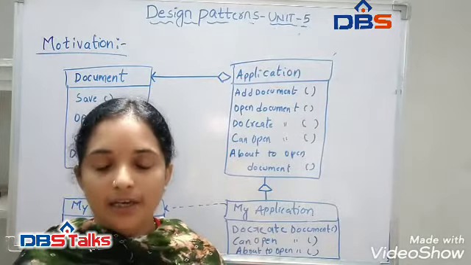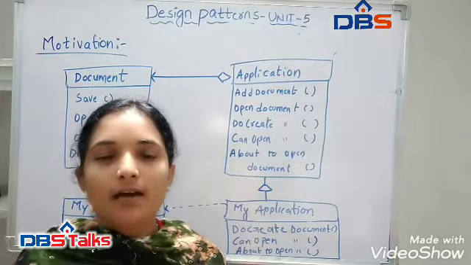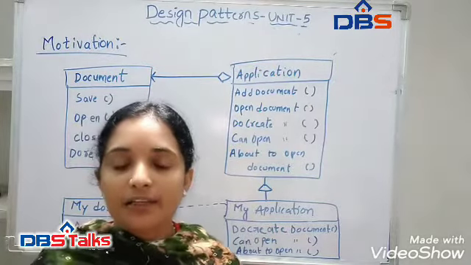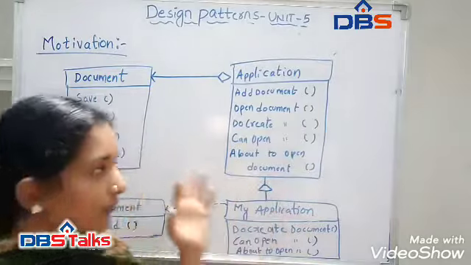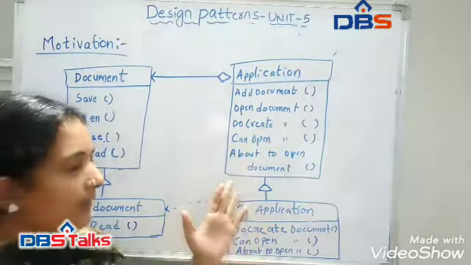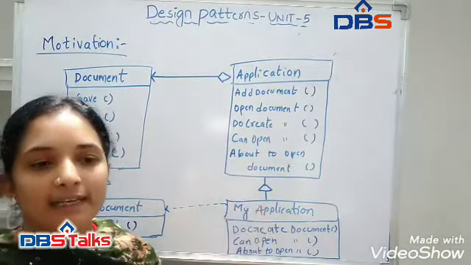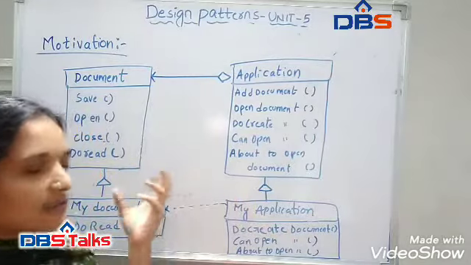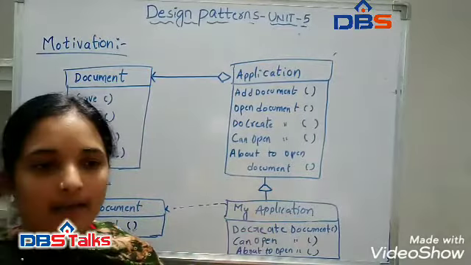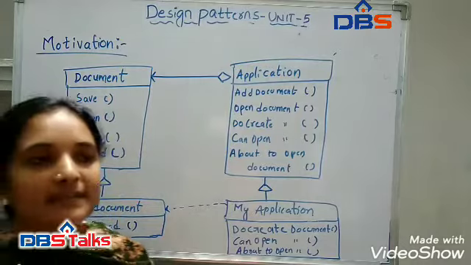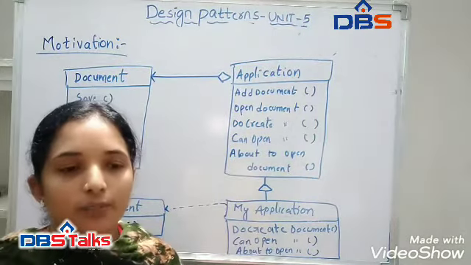In that empty page, which I can say is a file, I am going to save whatever information we have. That information is saved from the document object. So the main responsibility of the application is opening and executing the document stored in an external format, that is called a file. This is the document. The document object represents the information in the document once it is read from the file.